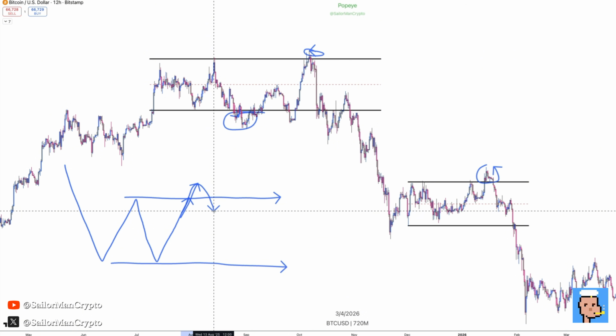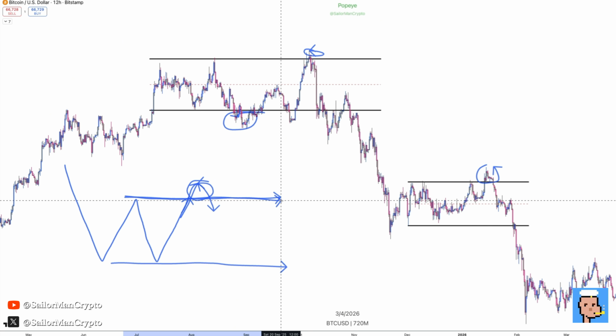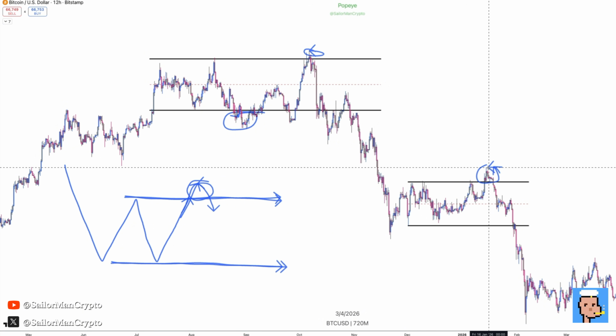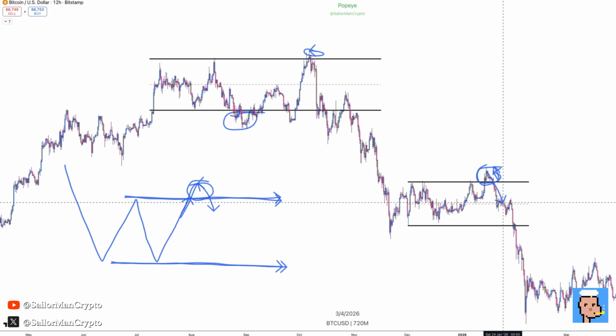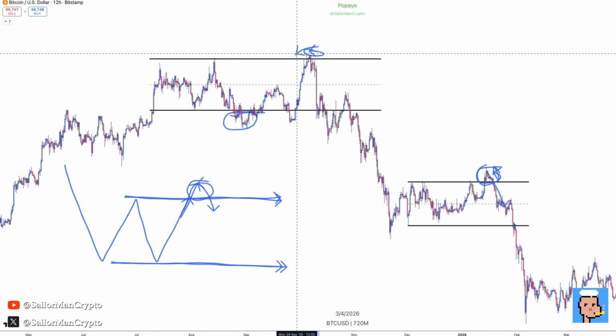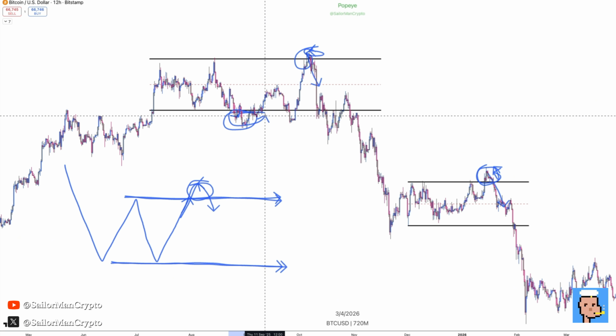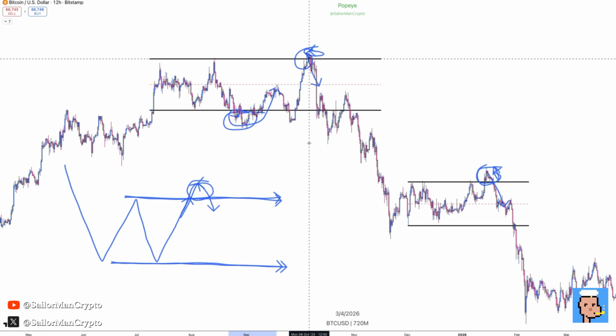So price, what does it do? It deviates back inside our range boundaries. So price went outside, it went for a walk outside, but after this walk, what does it do? It comes back inside. After this longer walk, what does it do? It comes back inside.